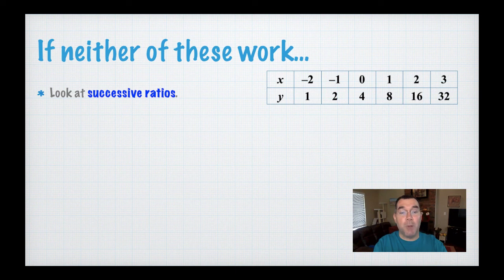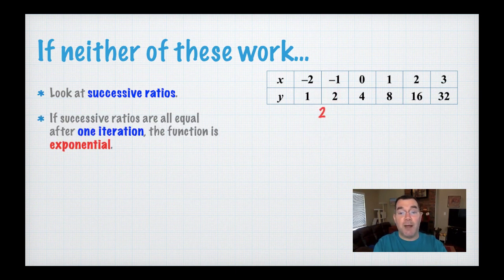I'm looking at what I would multiply 1 by to get 2. Okay? So if I multiply 1 by 2, I get 2. If I multiply 2 by 2, I get 4. If I multiply 4 by 2, I get 8. If I multiply 8 by 2, I get 16. And 16 times 2 is 32. So all of those ratios are equal. So I can say that this function is exponential.